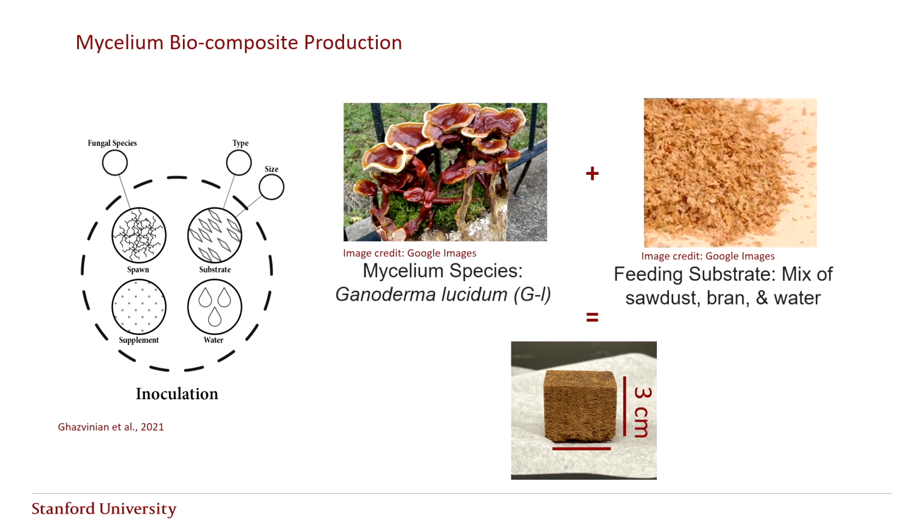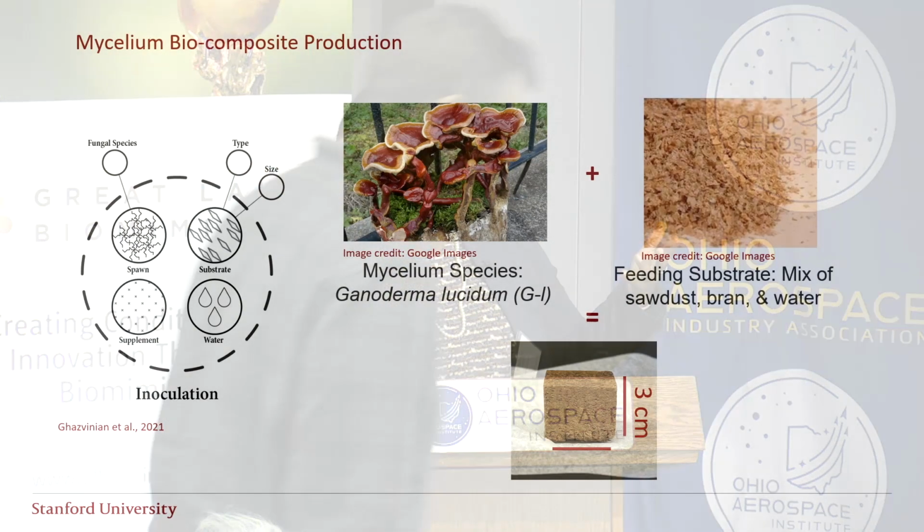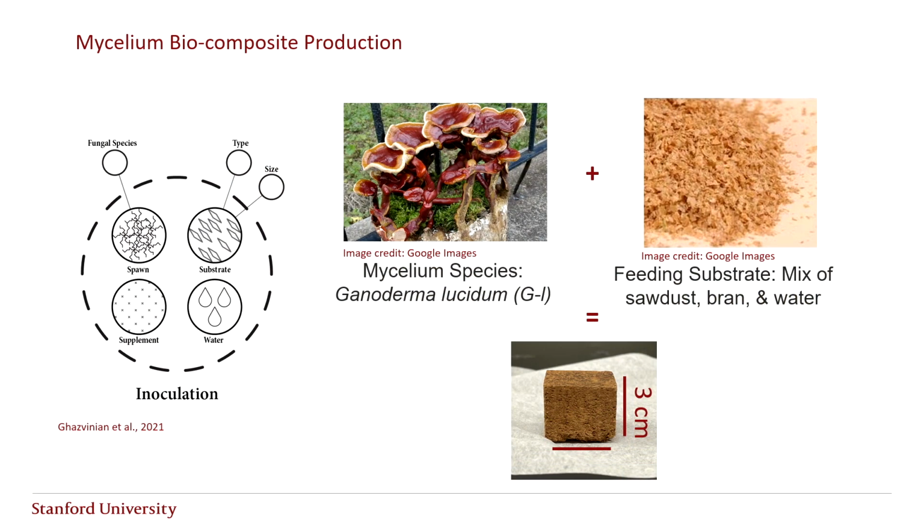We have our feeding substrate, which right now is some sort of agricultural waste product. In this case, it's sawdust. And you mix it with a mycelium species, whatever fungi you want. The fungi will feed on that substrate and bind to it to ultimately create this really cool, solid biocomposite.